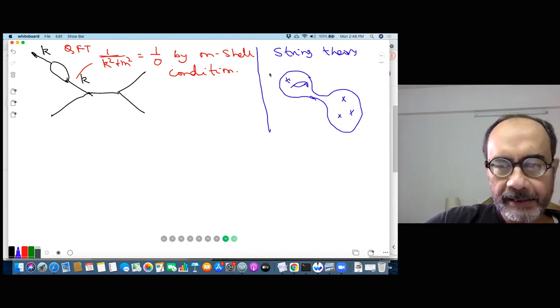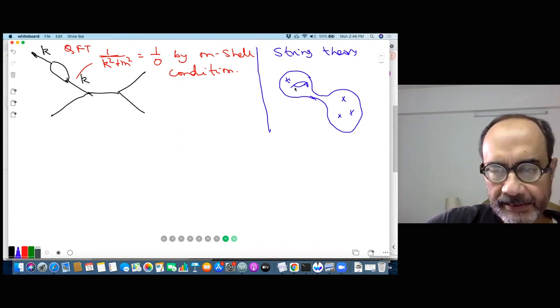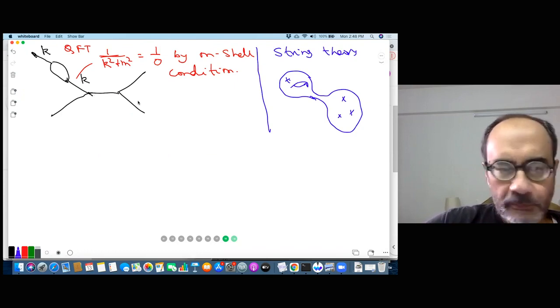This is one particle coming in, then it goes into a loop, that's the torus. Then it goes into this kind of diagram.